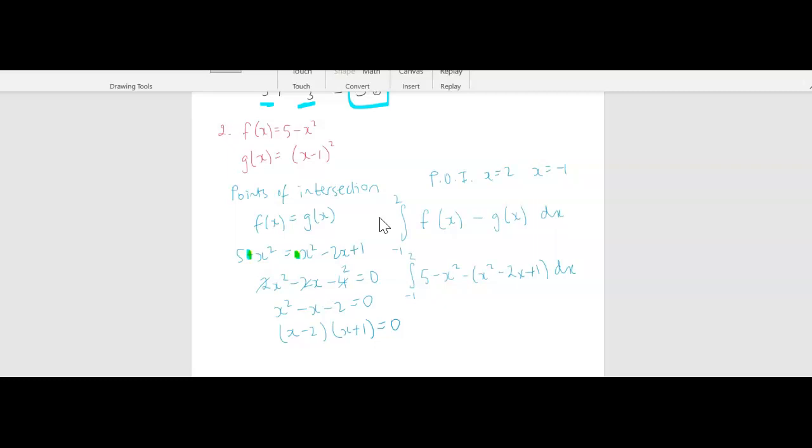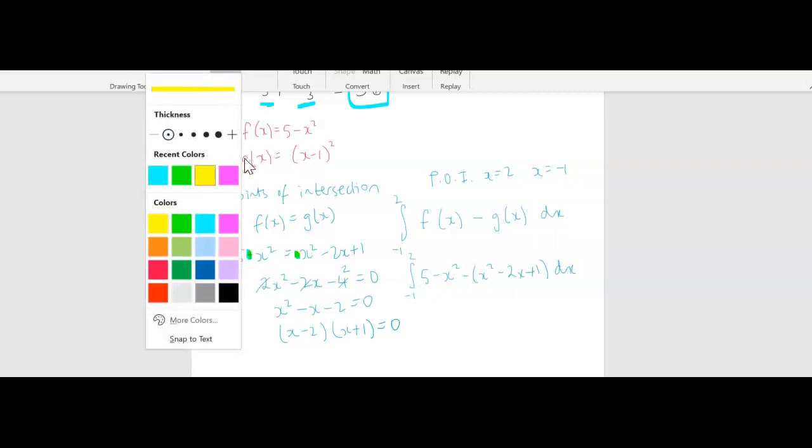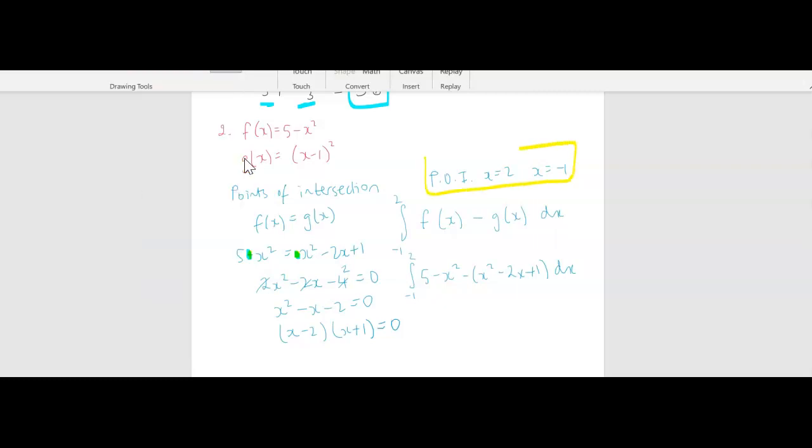So don't go and cancel out those x squared, because when you bring the x squared over, it becomes 2x squared. Then simplifying by taking 2 out as a common factor, you're left with x squared minus x minus 2 equals 0. So then we get our 2 points of intersection, which I did right up the top: x equals 2 and x equals -1, sorry.